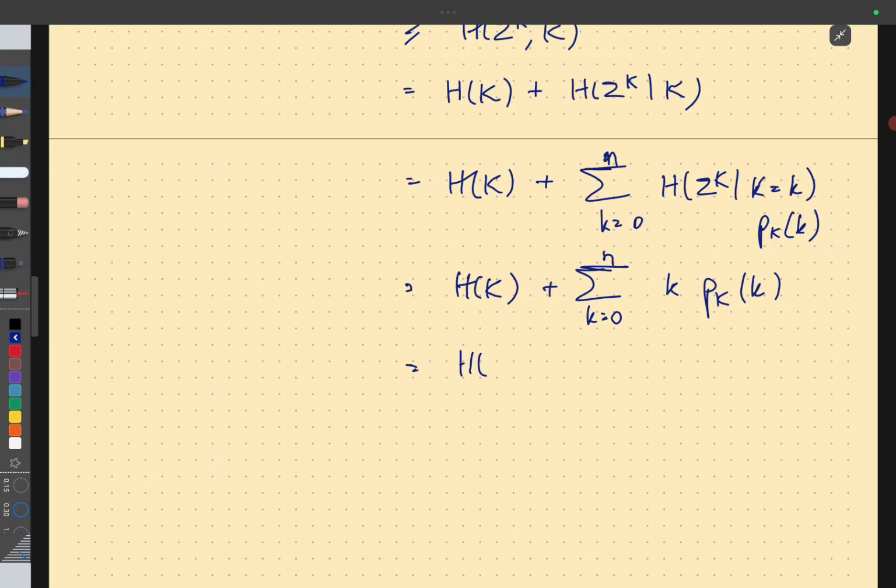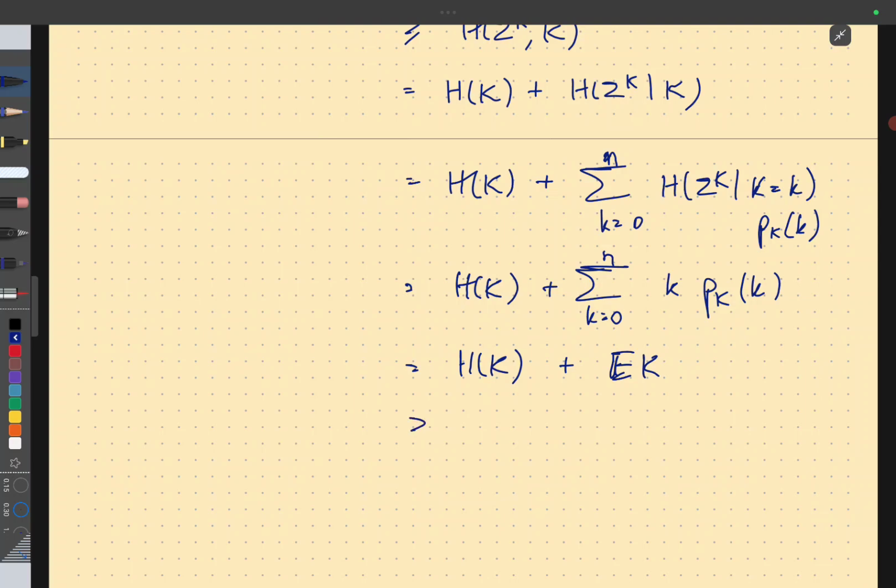So this is the entropy of k plus, what is the second term? It's just expectation of k. The expected number of Bernoulli half random variables that you were able to generate.